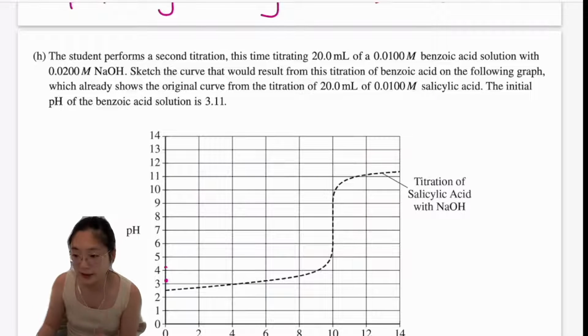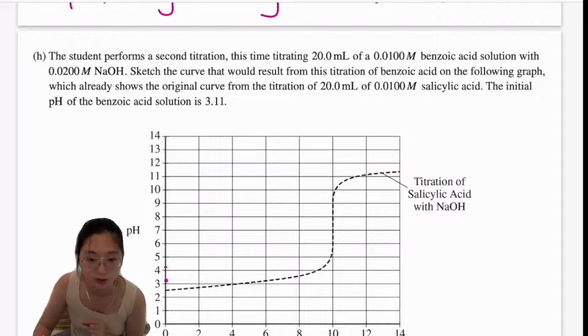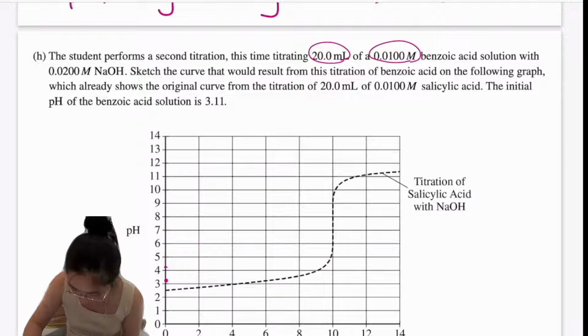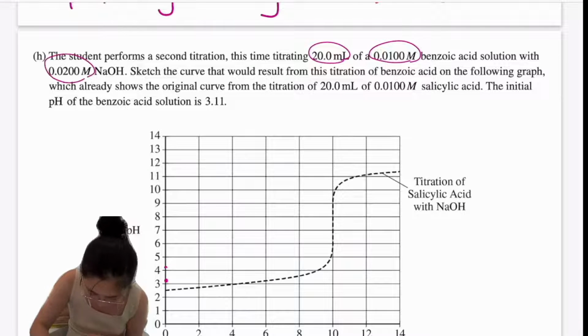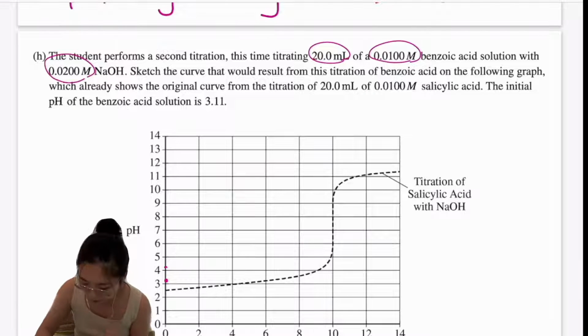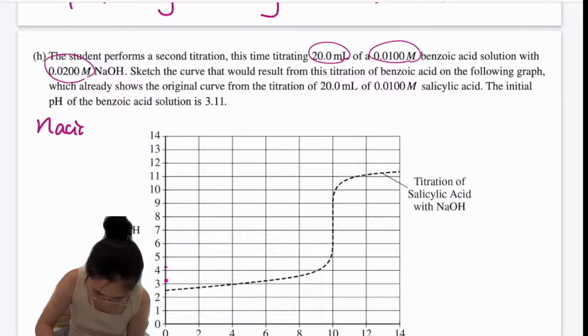Then I need to find at what volume the half equivalence point occurs. Then I need to do some calculation. So 20 milliliters of 0.01 molar benzoic acid titrated with 0.02 molar sodium hydroxide. First off, let's try to find the equivalence point. The equivalence point occurs when all the acid is neutralized by the base. So the number of moles of the acid is equal to the number of moles of the base.